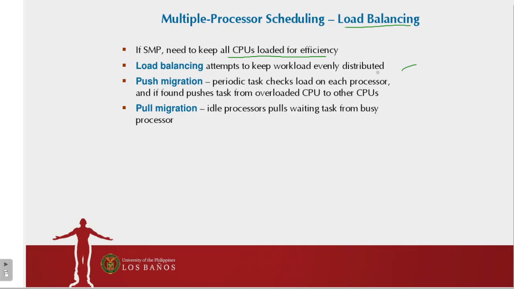Push migration, wherein a process checks the load on its processor, and if found overloaded, pushes tasks from the overly loaded CPU to other CPUs, or pull migration, wherein idle processors pull waiting tasks from the busy processor.